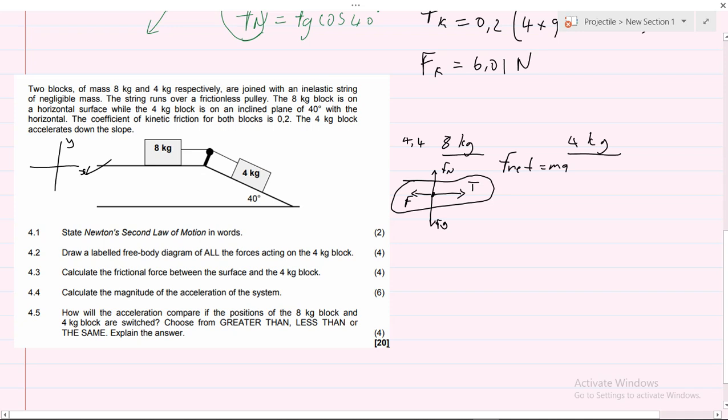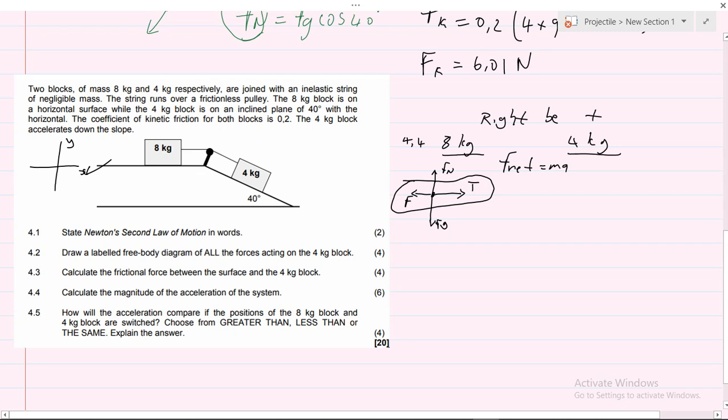Okay, which one opposes and which one supports the motion? Of course, here we must consider that right, let right be positive. Tension supports the motion, as the object goes to the right. Friction opposes the motion, going to the left, which means our friction is going to be negative.